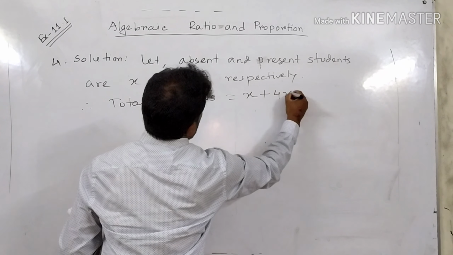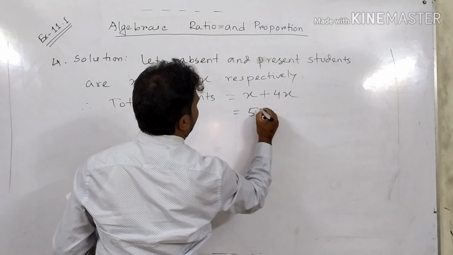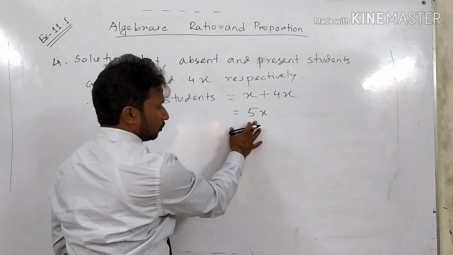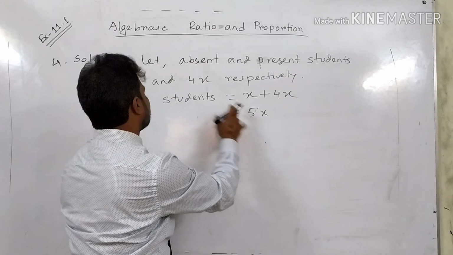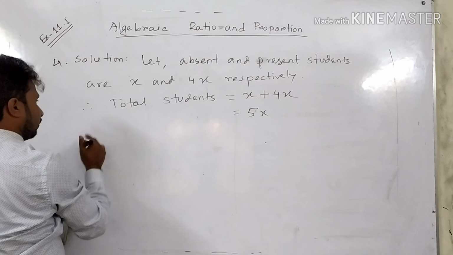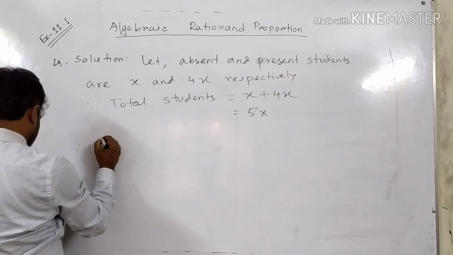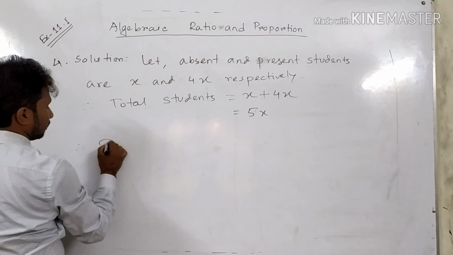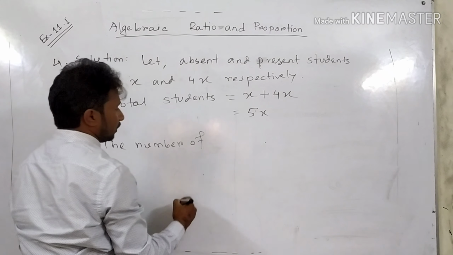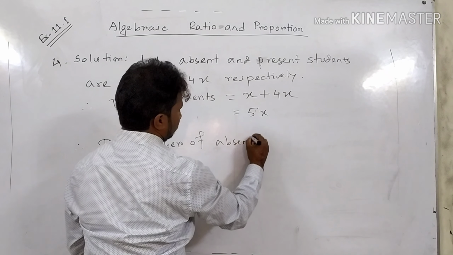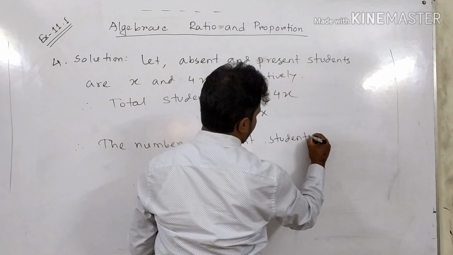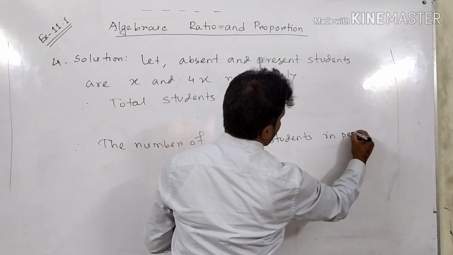X plus 4x equal to 5x. So we can see that out of 5x students, absent students is x. Therefore the number of absent students in percentage, in what?